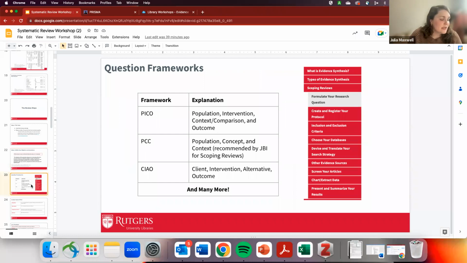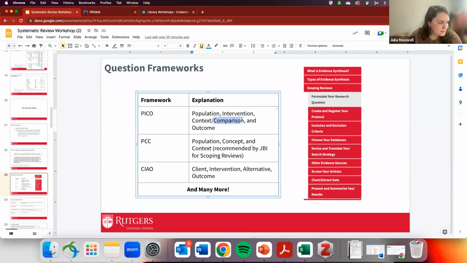We also need to think really clearly about the frameworks that we're going to use for writing our research question. I've just added a few here. So I'm sure all of you are familiar with PICO, which stands for Population, Intervention, Context / Comparison, and Outcome. The traditional PICO was with comparison for the health sciences, but for the social sciences, we've broadened it a little bit to include context as well.